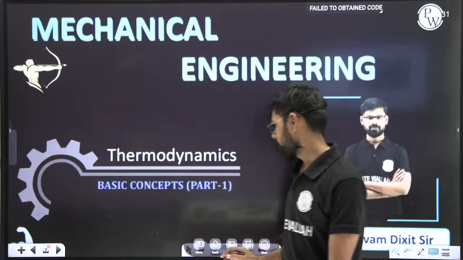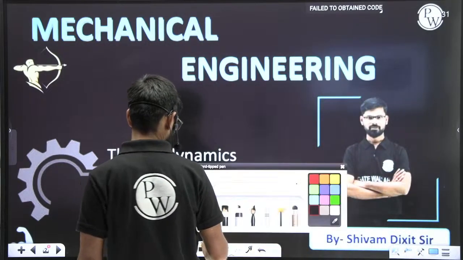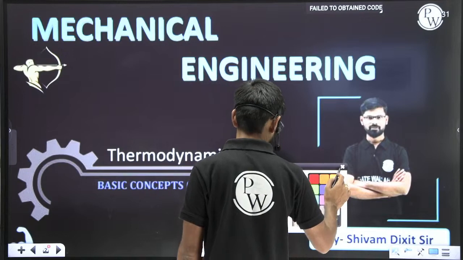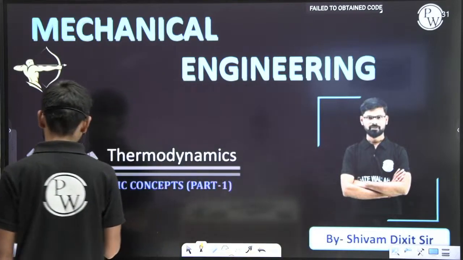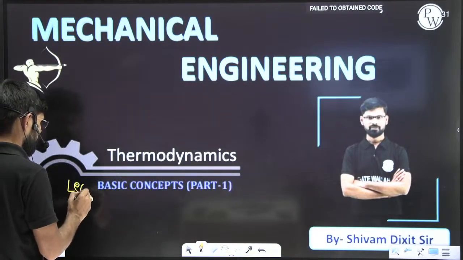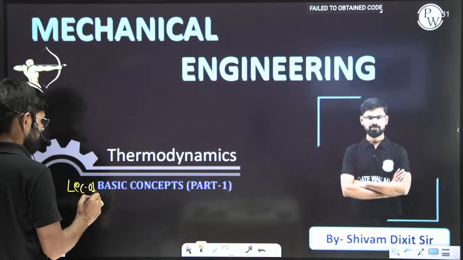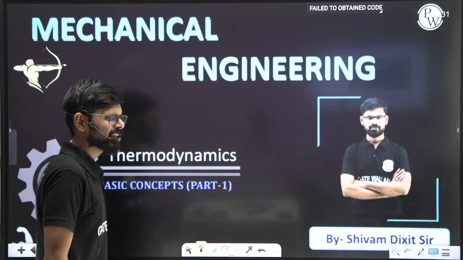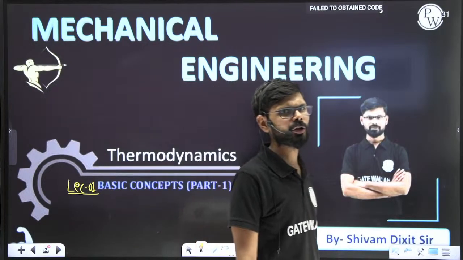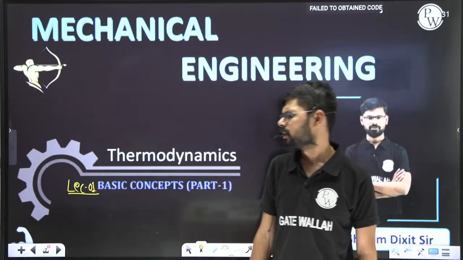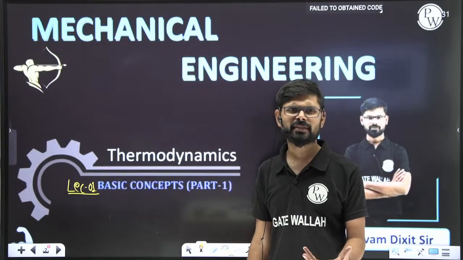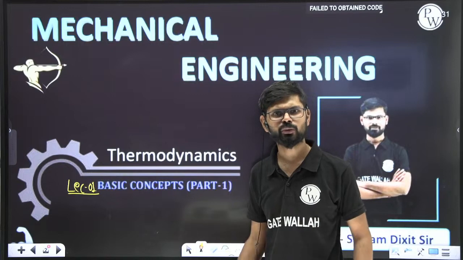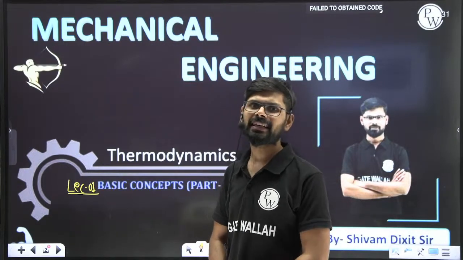So this is the very first lecture of basic thermodynamics. Today we are going to cover a few of the basic concepts which are required to learn the subject, right? Like what is system, what is thermodynamics, how to study it, what is a condition to study basic thermodynamics.